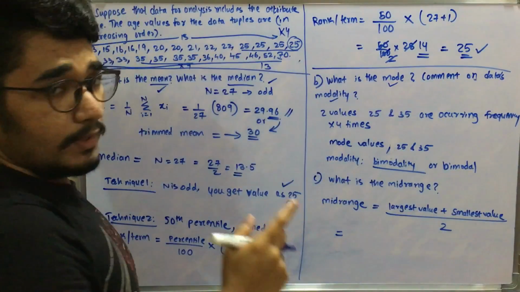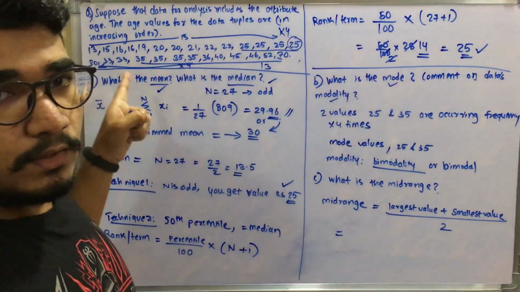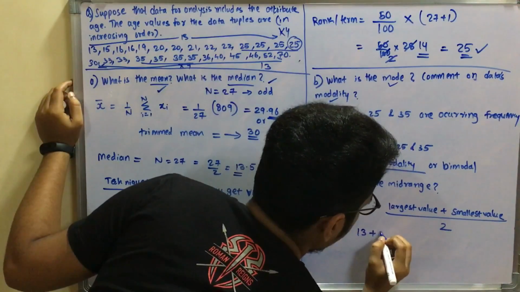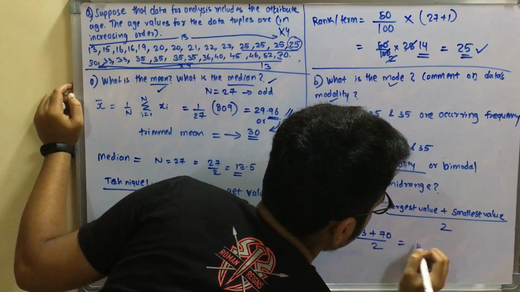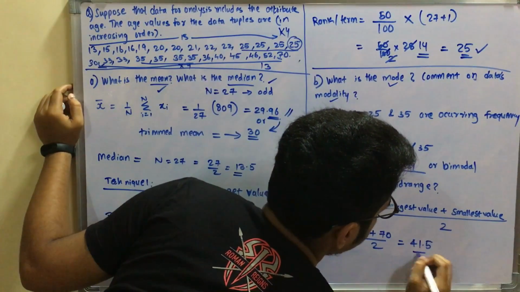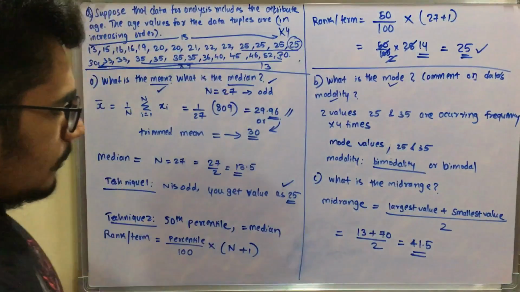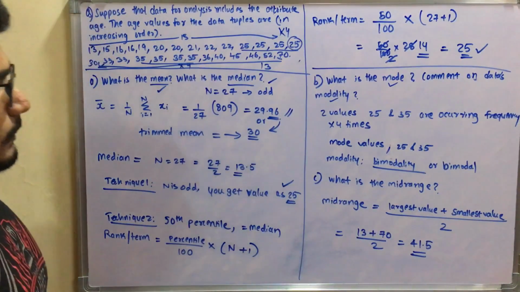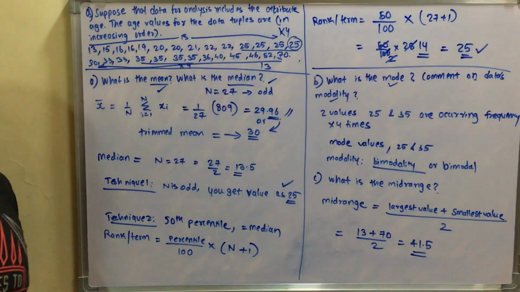It is very important that you sort the data in increasing order. So you get 13 plus 70 divided by 2, and so you get 41.5 as the mid range of this data. So we have 3 more questions to go with this.